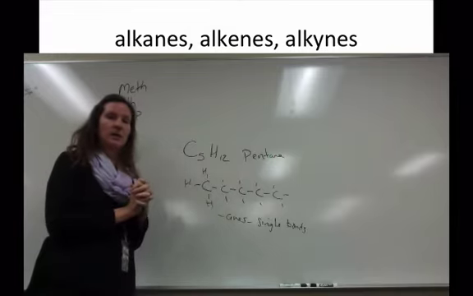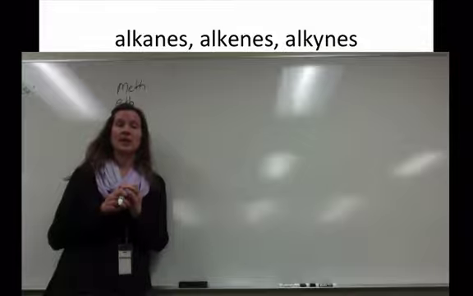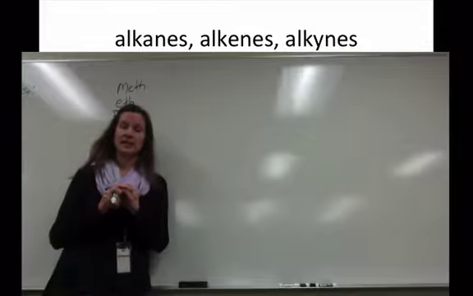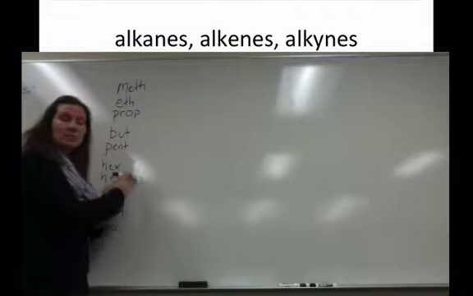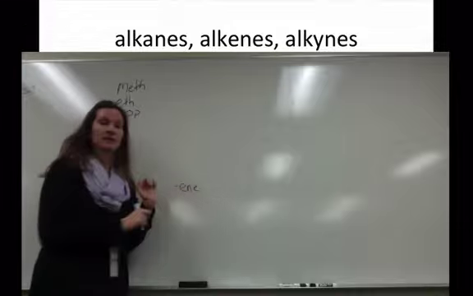Alkenes, on the other hand, in order to figure out the number of hydrogens, you still take your number of carbons times 2, but that's it. You don't need those extra 2. And the reason that happens is because at one location within the carbon chain, you have a double bond. So let's talk about the alkene, pentene. Again, pent is your prefix, so all alkenes end like that.